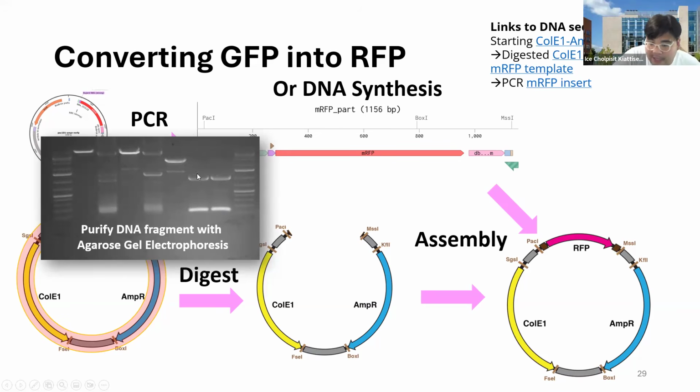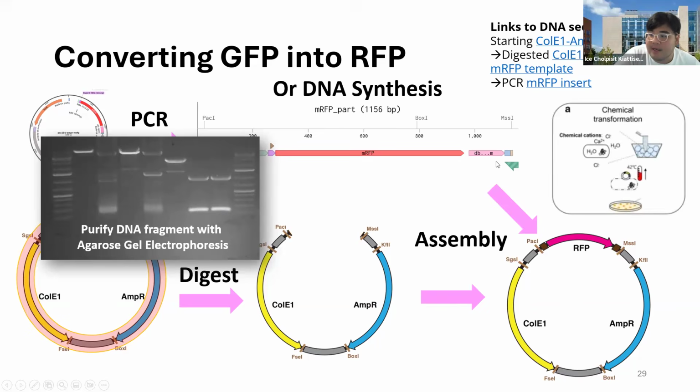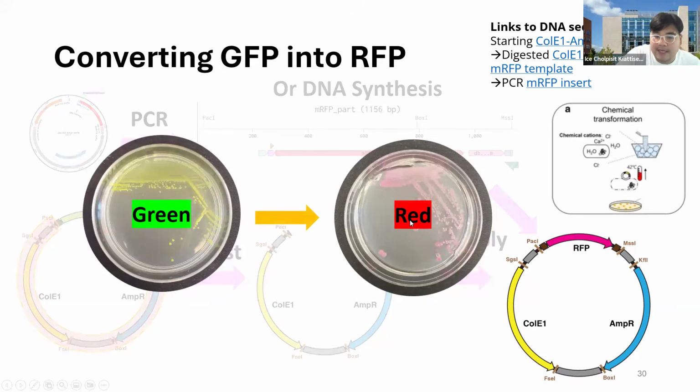You can isolate this DNA fragment and then combine them, and then do some chemical transformation, and you'll likely change your bacteria that initially turns green because they have GFP into something that is red like this.